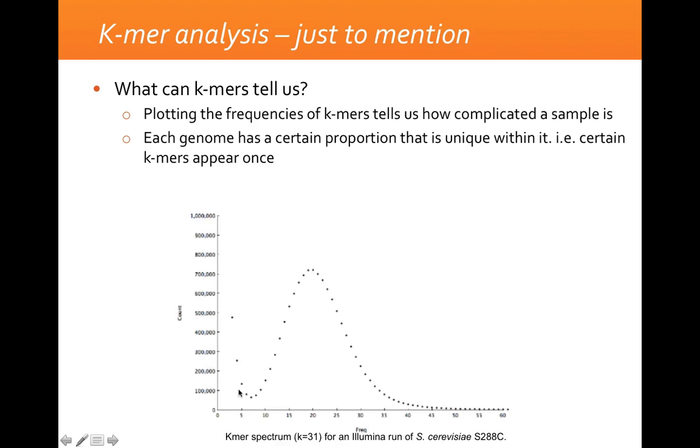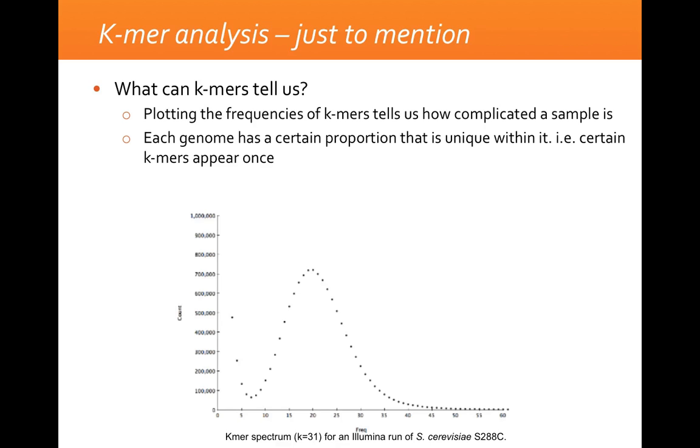On this plot here is the Kmer spectrum, where the occurrences of each Kmer are plotted. You have the count of how many Kmers on the y-axis, and the number of occurrences of these different Kmers. You can see that some of them occur very frequently and some of them occur less frequently. So this is what you would expect from a single genome.